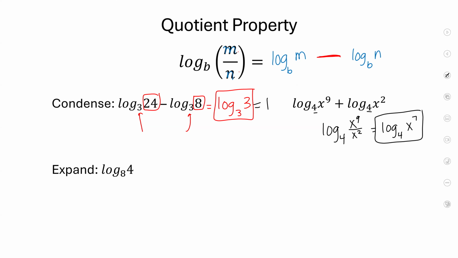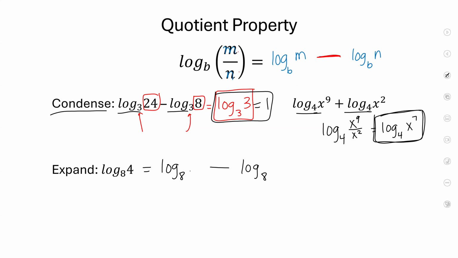Those are examples of condensing. Notice I had several logs and I condensed it into one. Now I'm going to expand it. So let me think. What divided by what gave me 4?